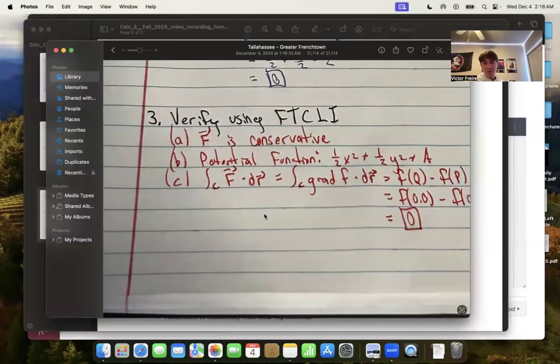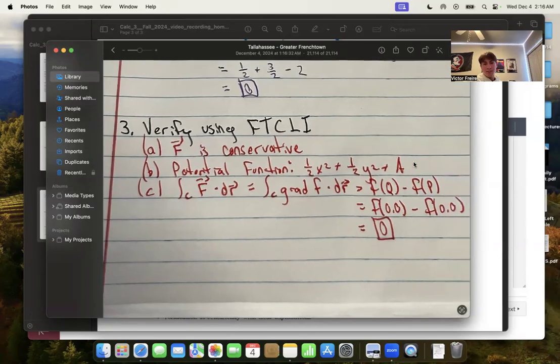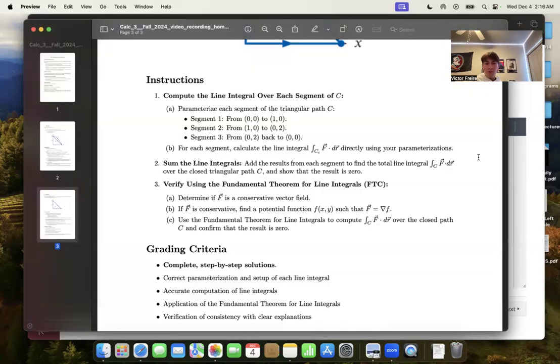Again, we already found this potential function. It's 1/2 x squared plus 1/2 y squared plus a. Finally, part C, we want to use the fundamental theorem for line integrals to compute the integral of F dot dr along the closed path C and confirm that the result is 0.